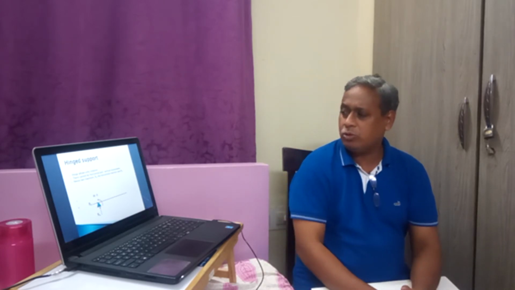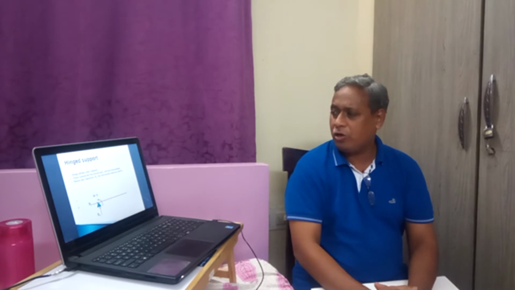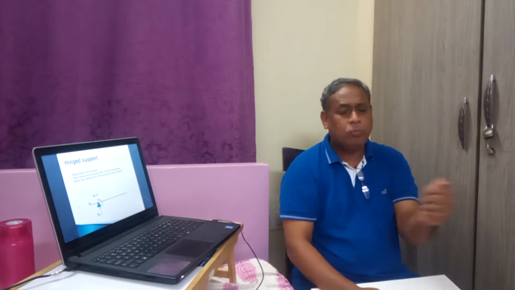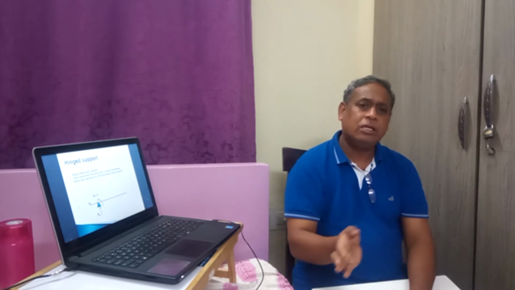The hinge allows only rotation. There cannot be horizontal and vertical movements. So at a hinge, the beam cannot move either horizontally or vertically because it is held by the hinge. The hinge only allows it to rotate but not move in any vertical or horizontal direction. Since two movements are restricted, only rotation is allowed.